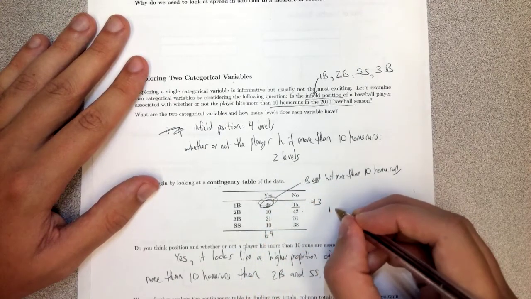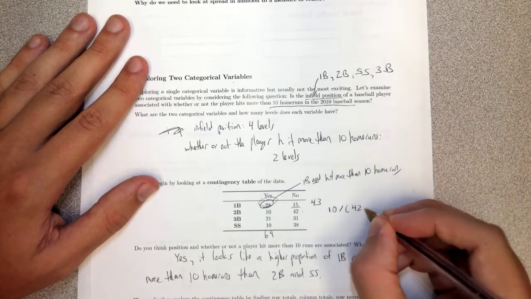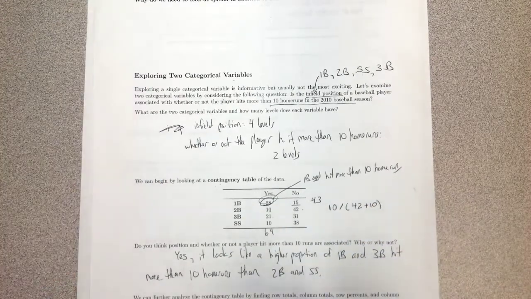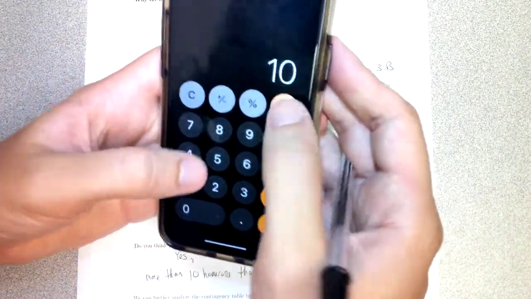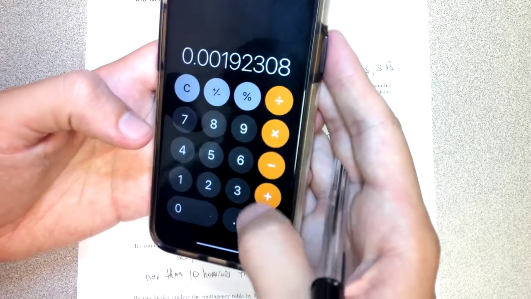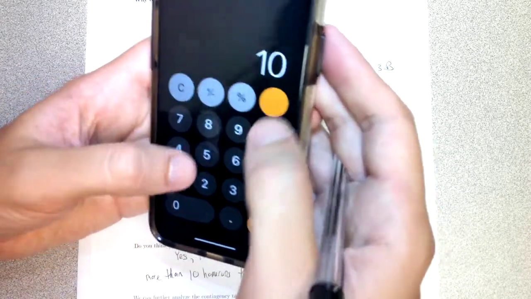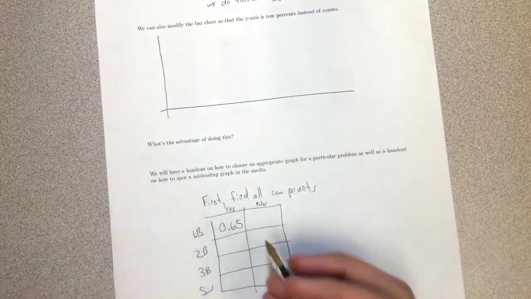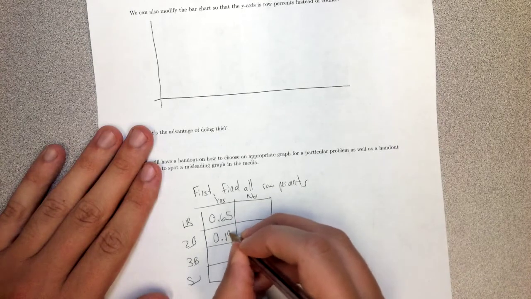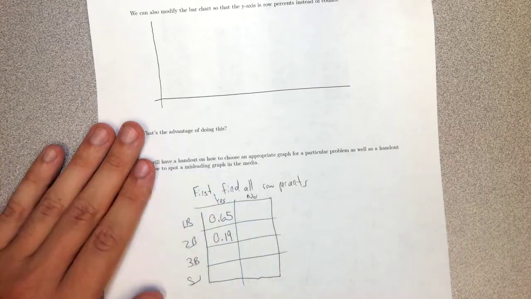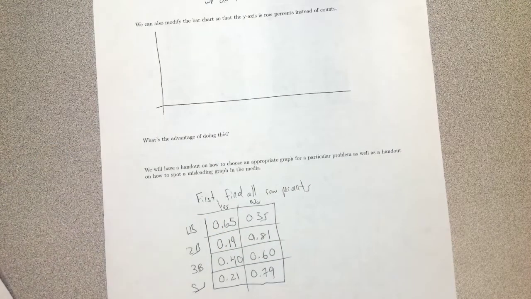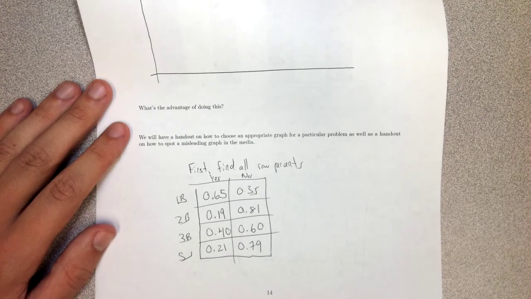For second baseman, it's going to be 10 divided by 42 plus 10. And so that row percent is going to be 0.19. And then I'm just going to fill in what the rest of the row percents are. And like magic, they're there.